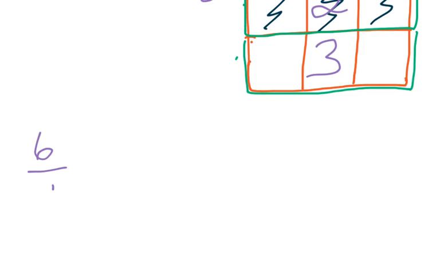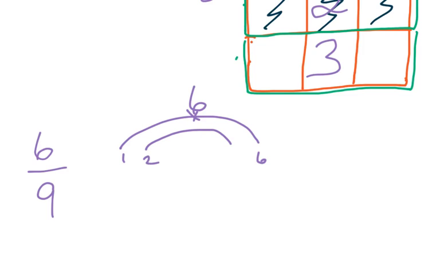So here's 6 and 9. Now, if I do a little factor rainbow for 6, what I have is 1 times 6, and then I have 2 times 3. Alright? And then for 9, I'm going to do it over here in another color.